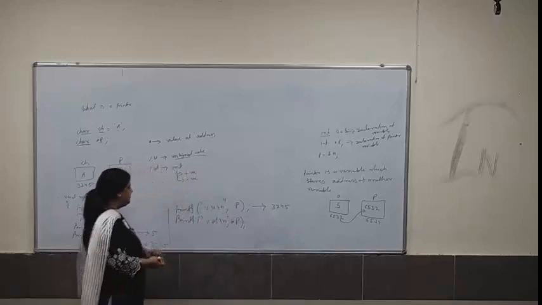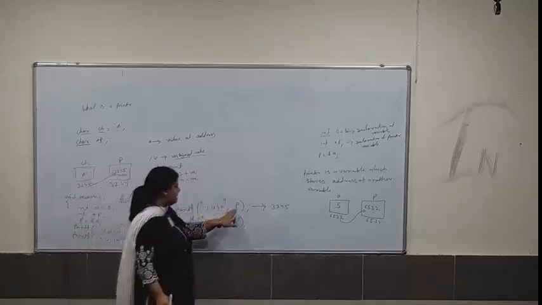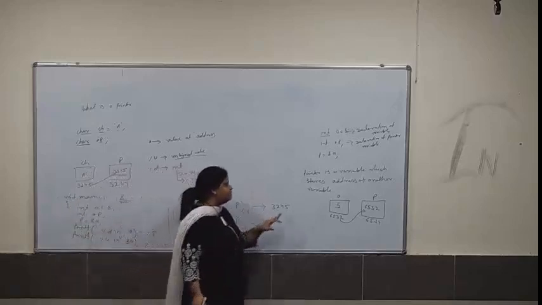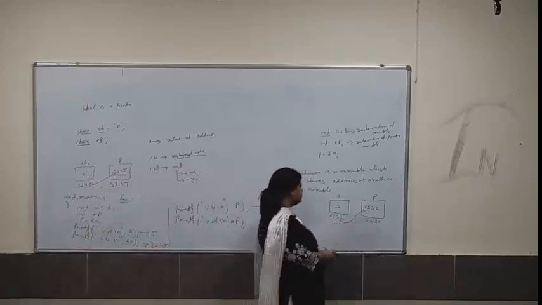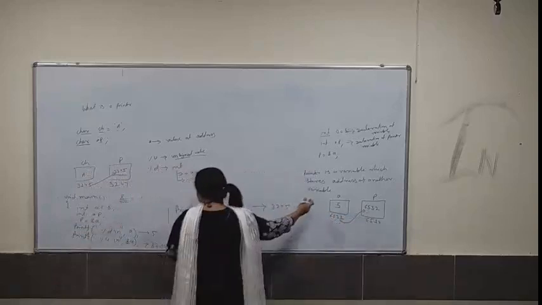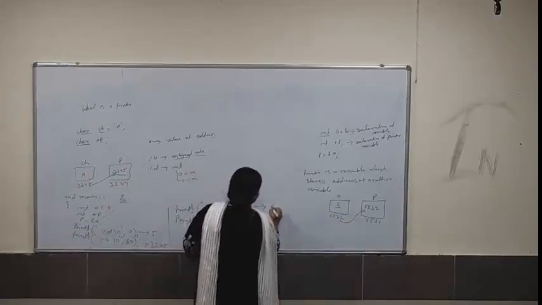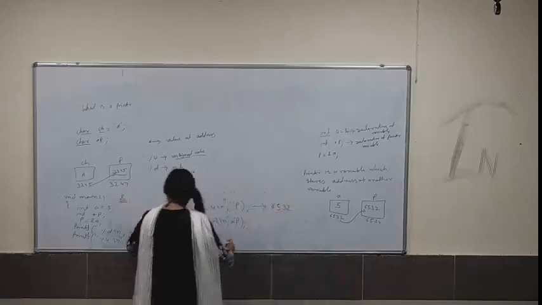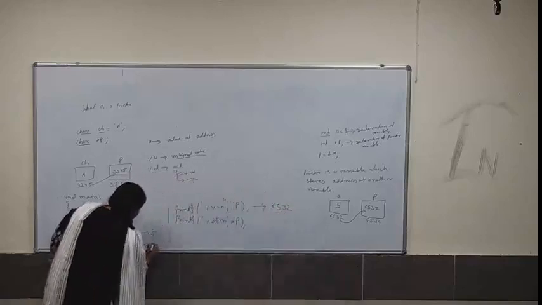Now, what P means, this will also provide the value of P. The current value of P is nothing but 6532.